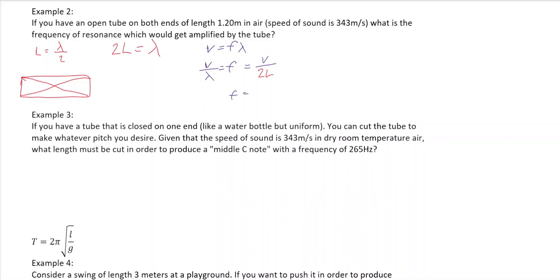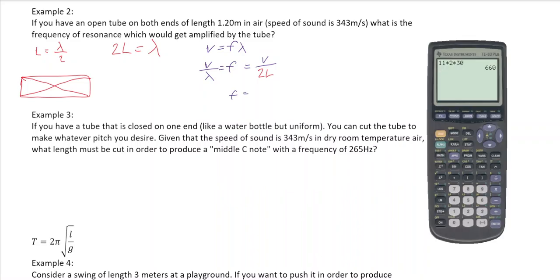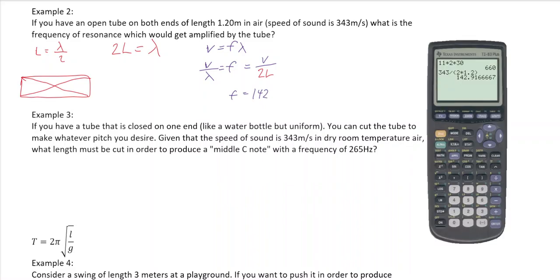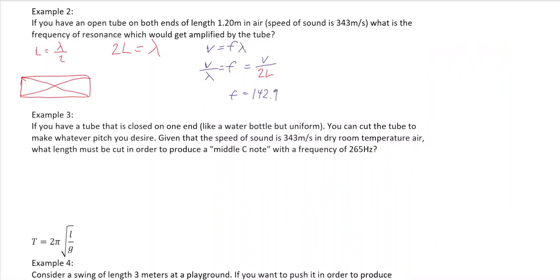So frequency equals, and now we're going to type this in. 343 divided by, and then in brackets 2 times L, which is 1.2. And so it's 142.9. Let's see, we got 3 sig digs, so we should just do 143 hertz.